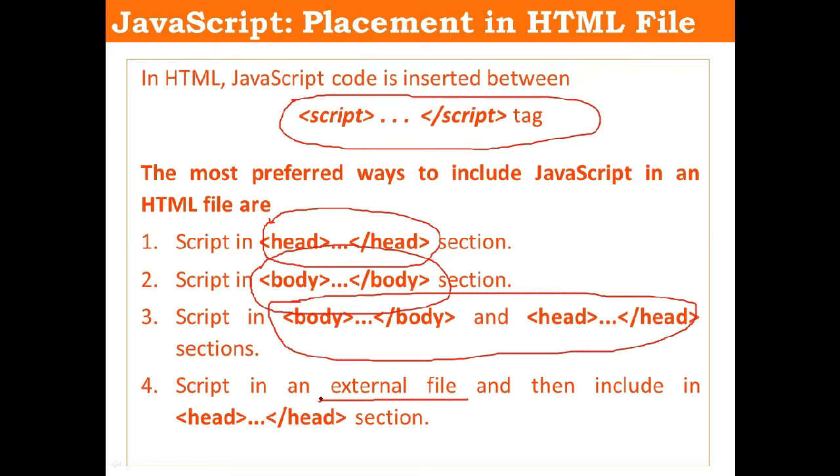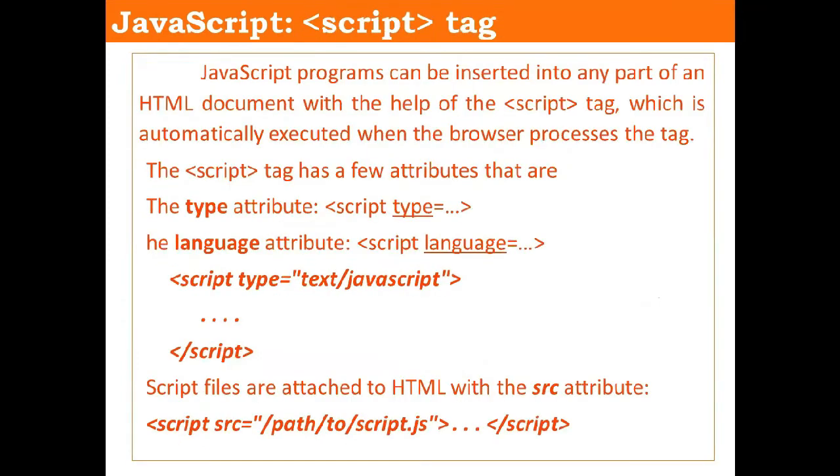And also we can use an external file. If we want to create an external JavaScript file, with the extension .js, we can include that external file. That means the external source file will be included or imported inside the head tag. These are some ways to place the JavaScript inside the HTML file. We will see them one by one.